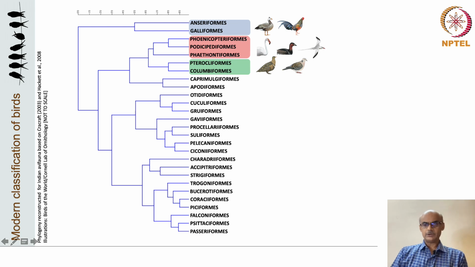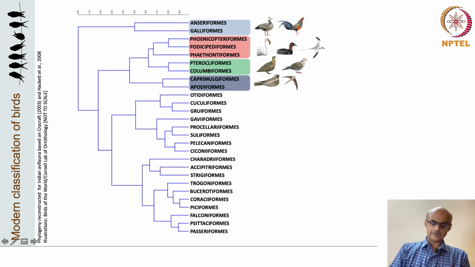Of course, doves and pigeons, the sister taxa to the sandgrouse, are a very well known group of birds, and some species, especially the rock pigeons, have been domesticated extensively for a very long time.